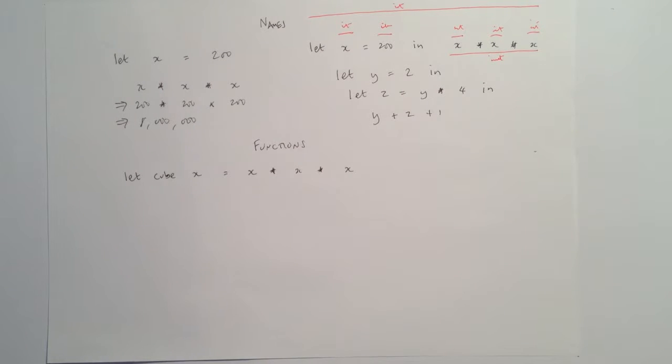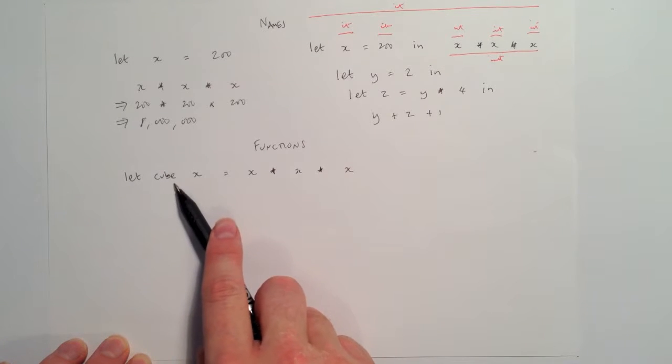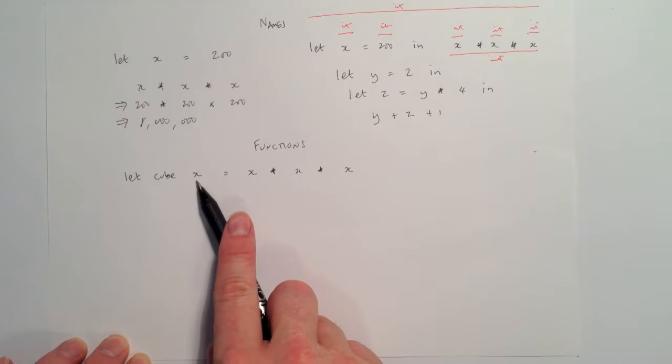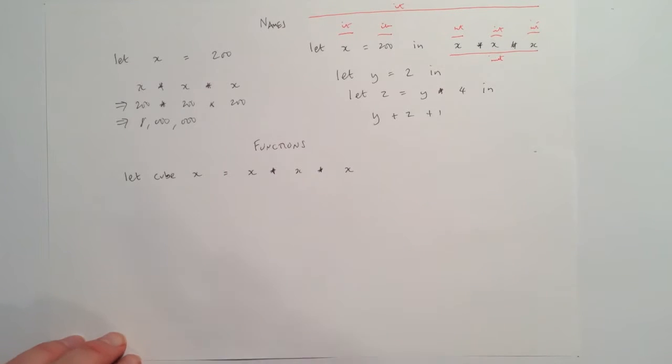Now here we've got slightly different syntax. We've got the word let, then we've got the name of the function, then we've got the name of the parameter, and then we've got the expression that results. So this is how to define a function.